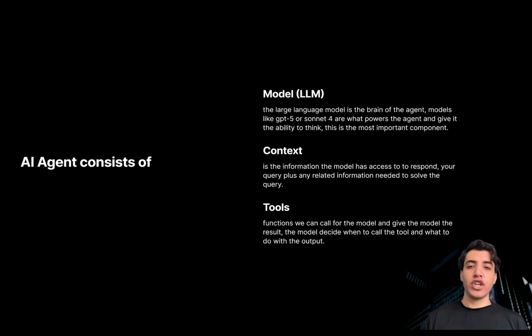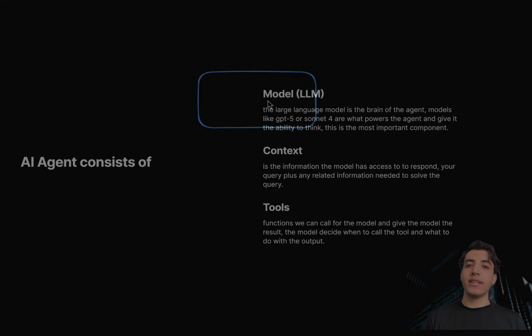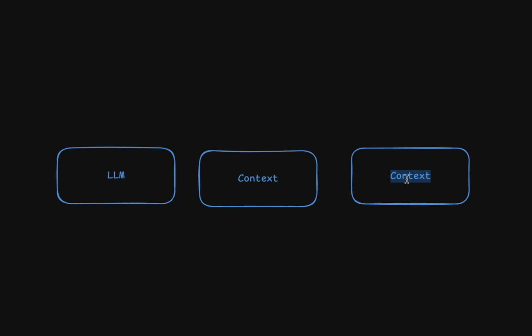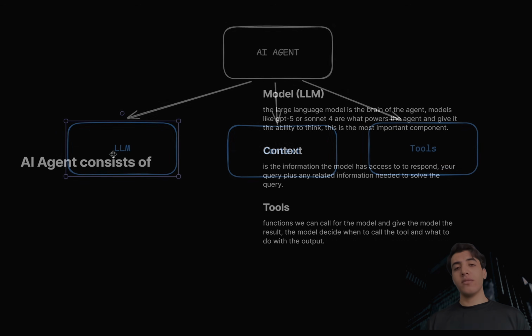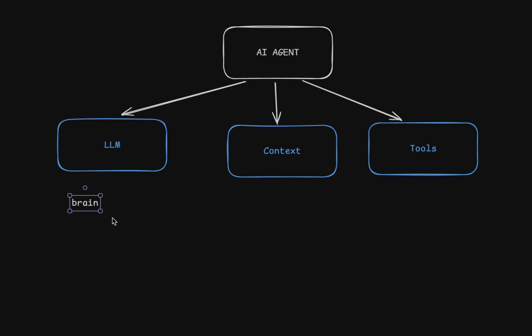Now, an AI agent has a large language model, but it's not just a large language model, all right? It's a set of components that create the AI agent. And those components are mainly three, okay? The first one is obviously the model, the brain of the agent, which is the LLM. And yes, there are different types of brains with different capabilities and different speeds of response.